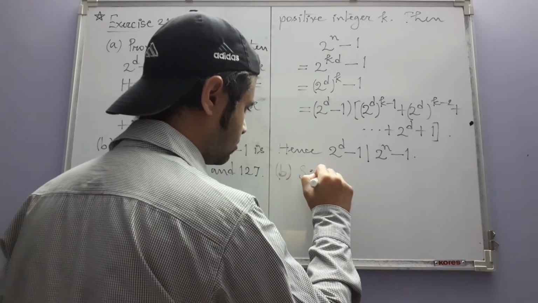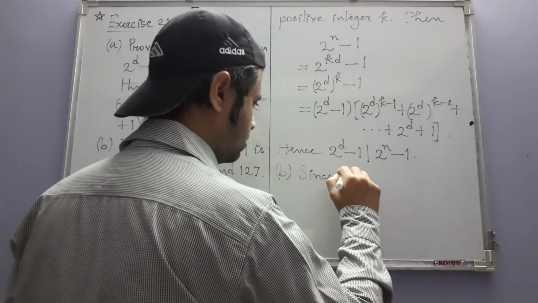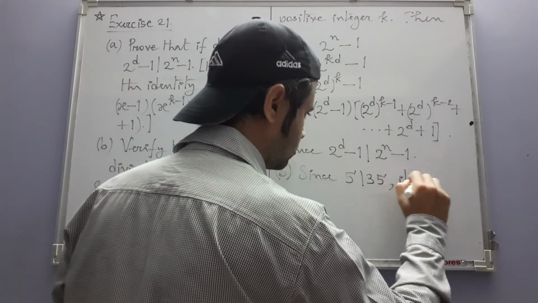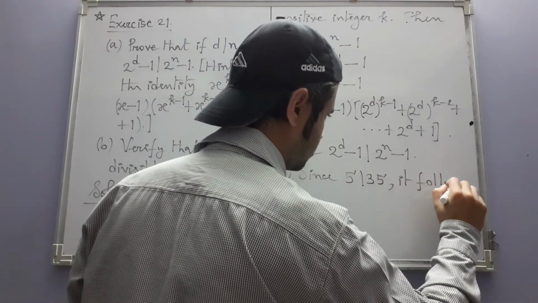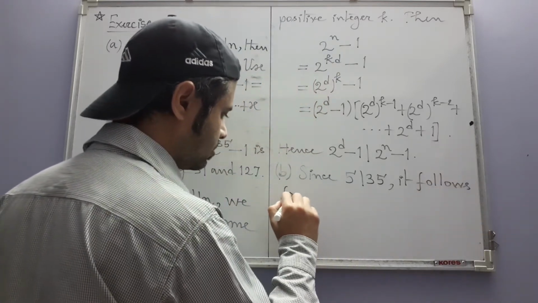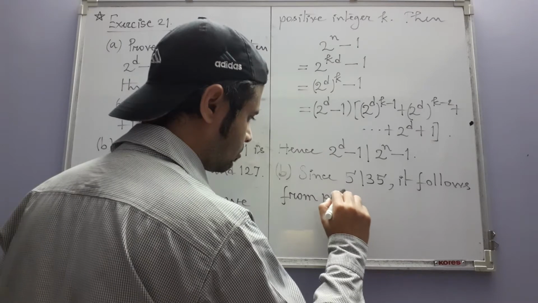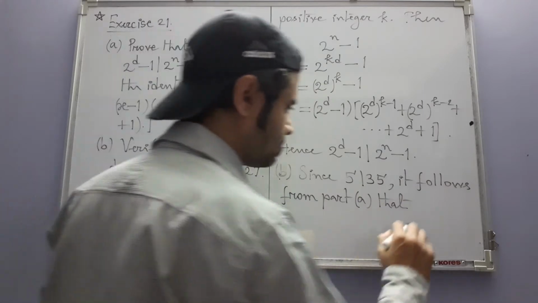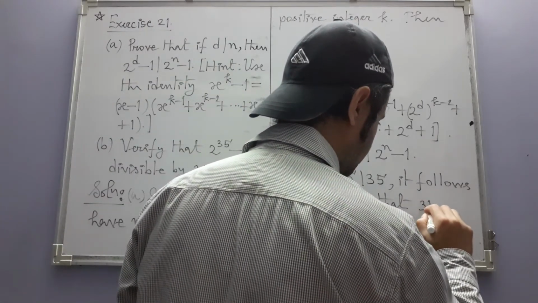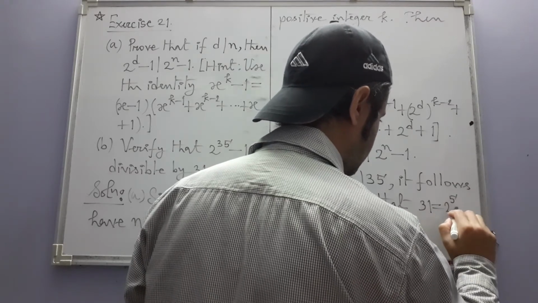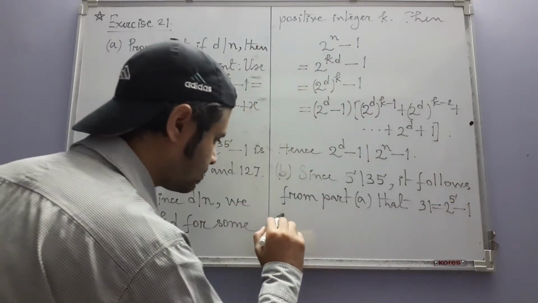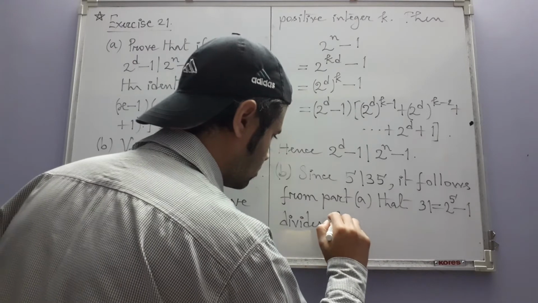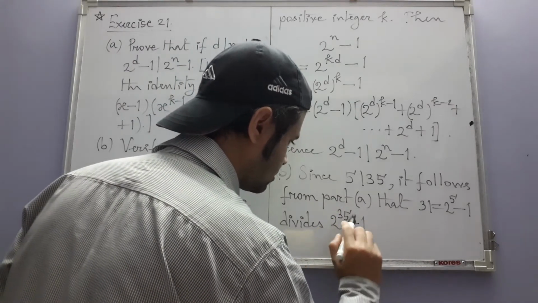Since 5 divides 35, it follows from part A that 31, which is 2 to the power 5 minus 1, divides 2 to the power 35 minus 1.